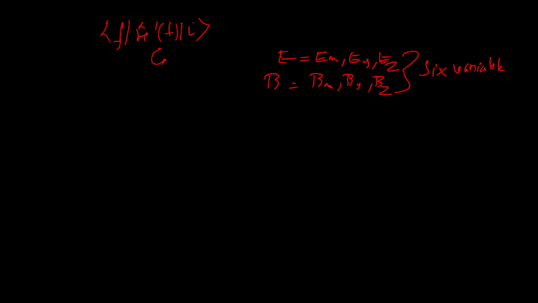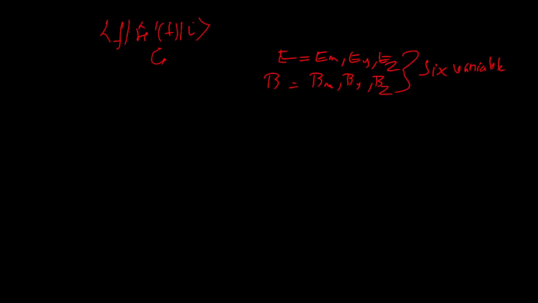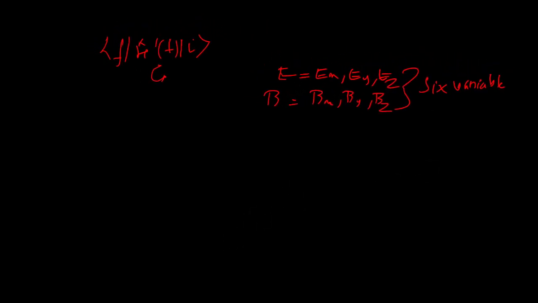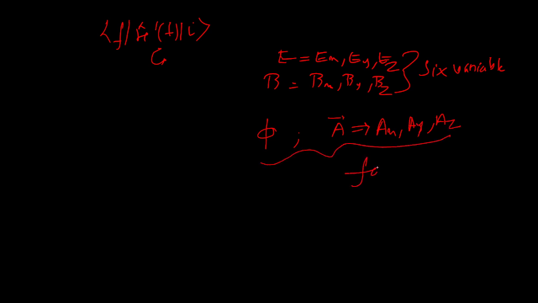But we have to use this field as a potential in a Hamiltonian. So we define this whole thing as a scalar potential and a vector potential A, which has Ax, Ay and Az. Now we come to 4 variables.